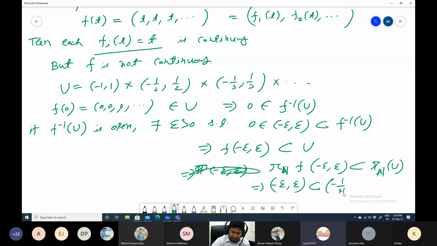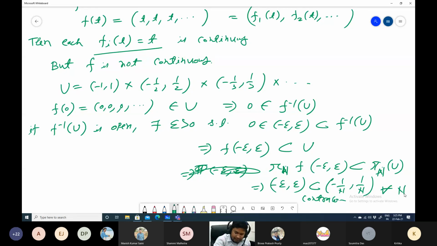Minus 1 by n comma 1 by n. But that is a contradiction, because epsilon is a fixed number, but this is true for all n actually. So it cannot be true. So that is not a continuous function.